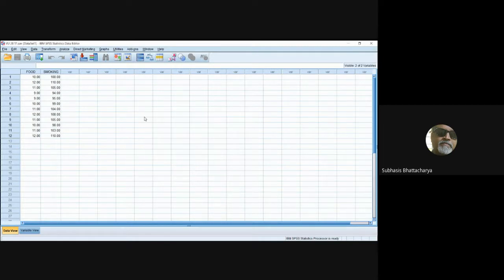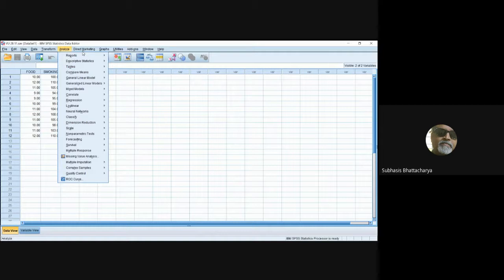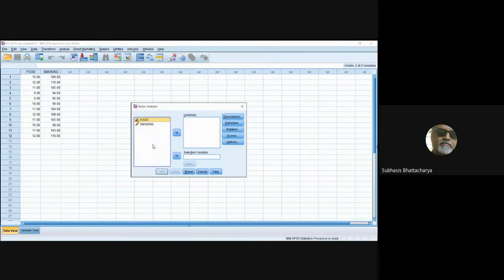You just analyze, then go to the dimension reduction, and then go to the factor. This window will open and you enter the variables here.